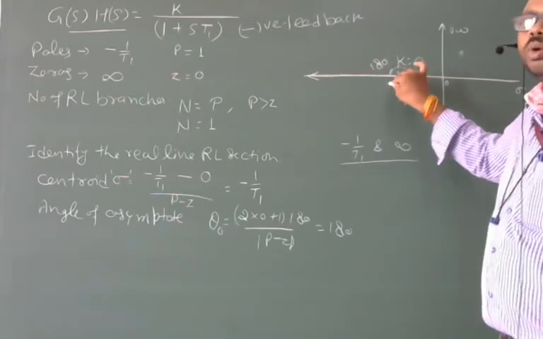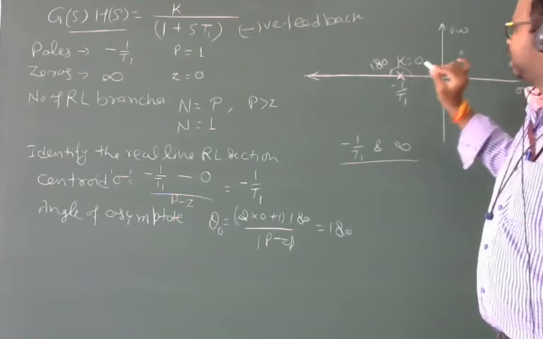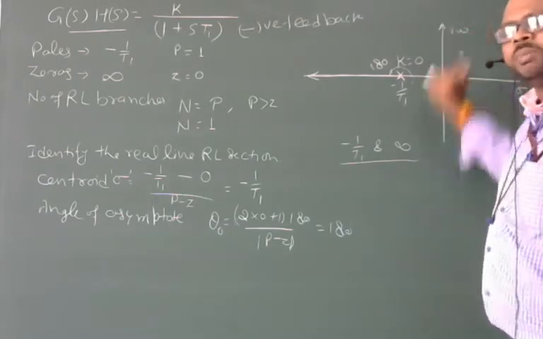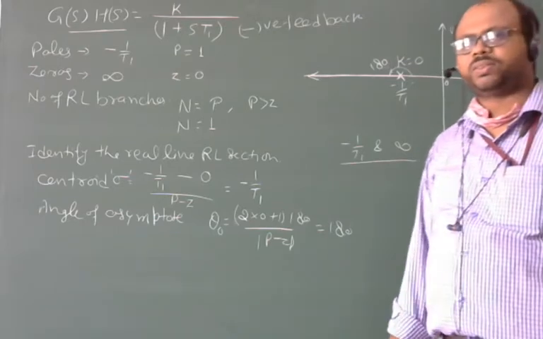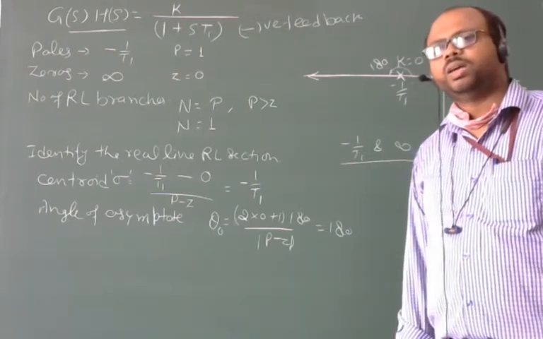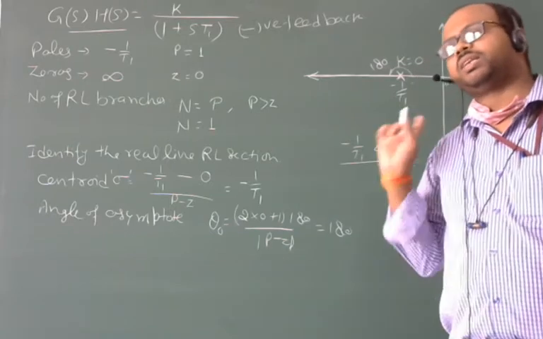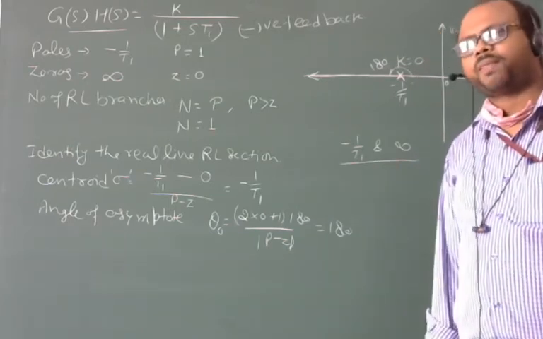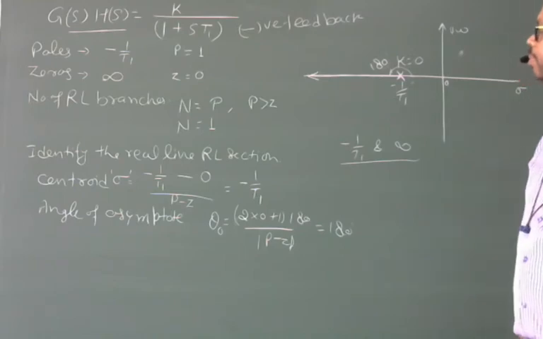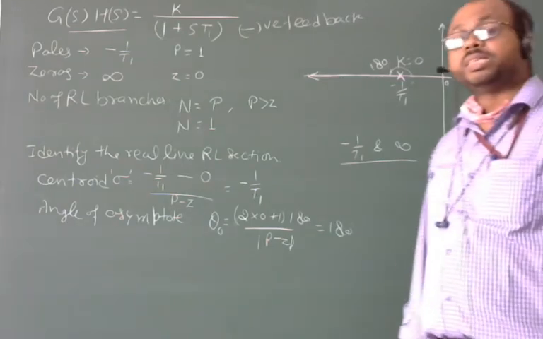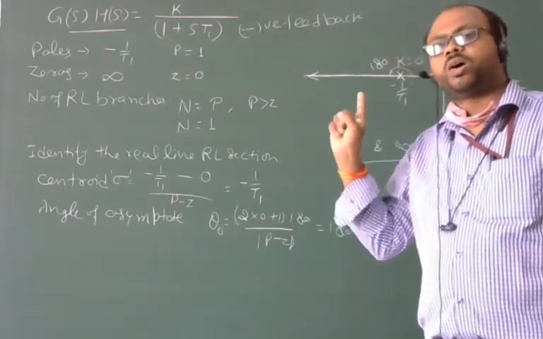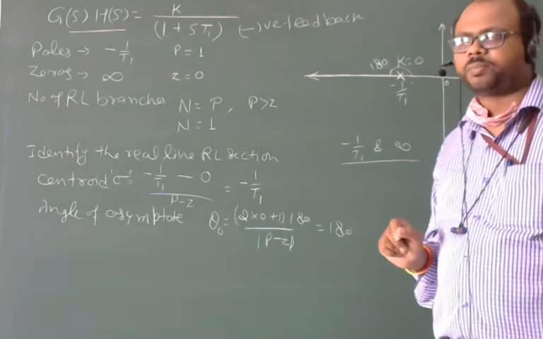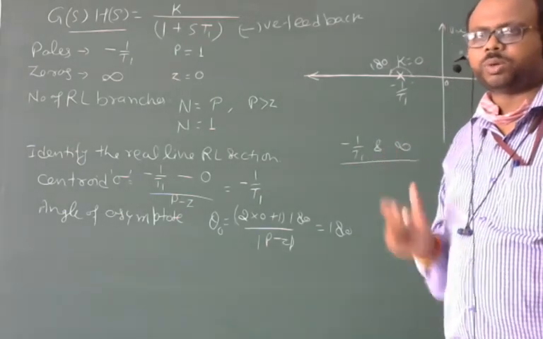Therefore this root locus will never intersect the imaginary axis. And second, since there is a single root, there will not be any breakaway point. This is the conceptual part.